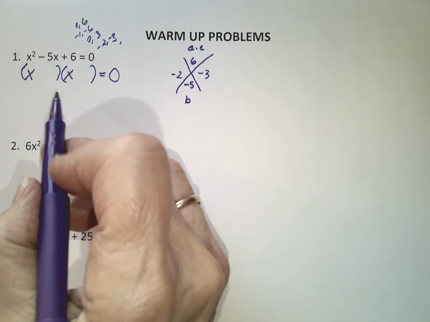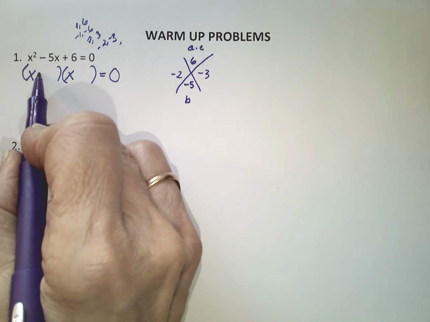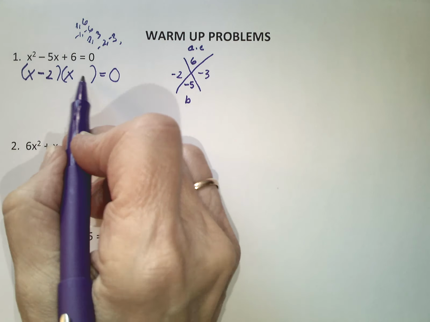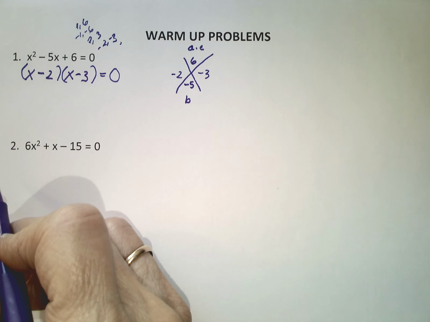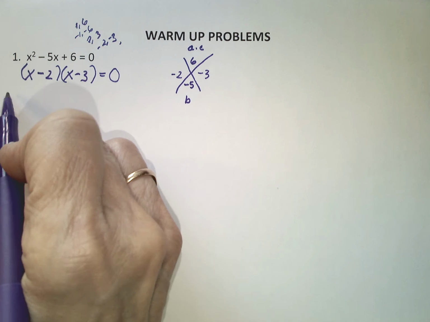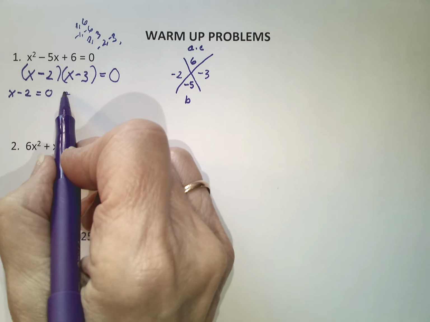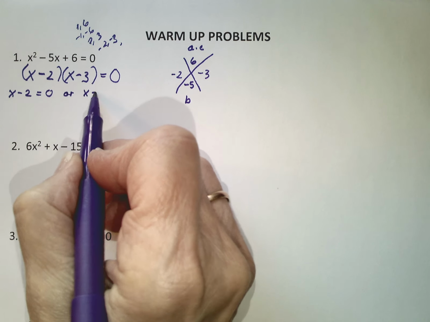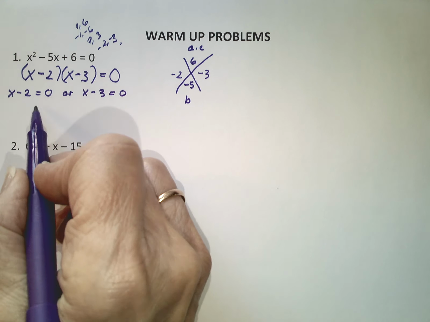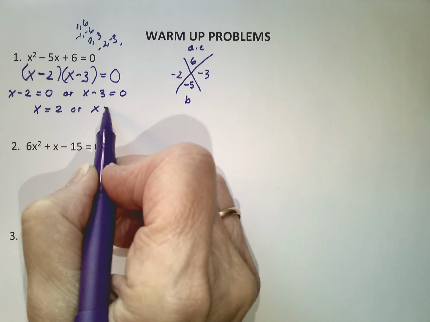Now, because this is just a 1x squared, we can go ahead and make this (x - 2)(x - 3). And if they multiply out to 0, that can only happen if x - 2 = 0 or x - 3 = 0. So x will equal 2, or x can equal 3.